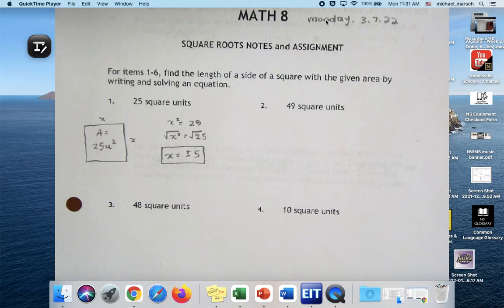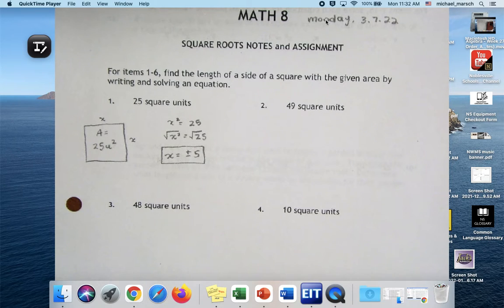What's 48 squared? Figure it out. Don't look at me like that. 6.9. The square root of 49 is 7. I gave you $5. I'm gonna back up with that $5. Okay. And I'm gonna split with that.